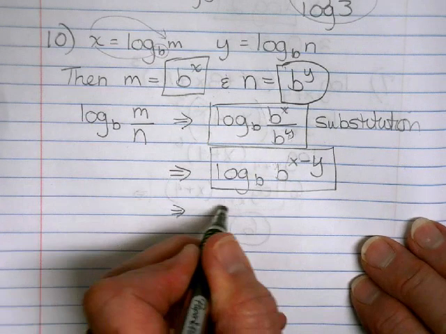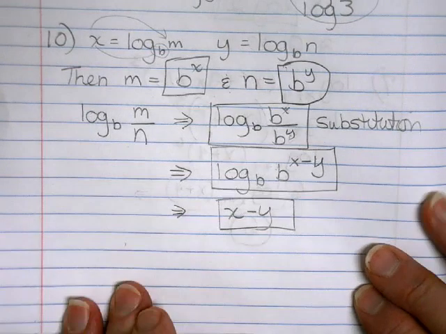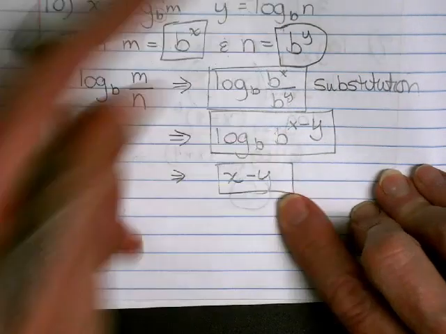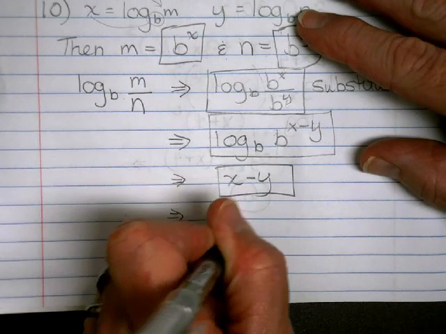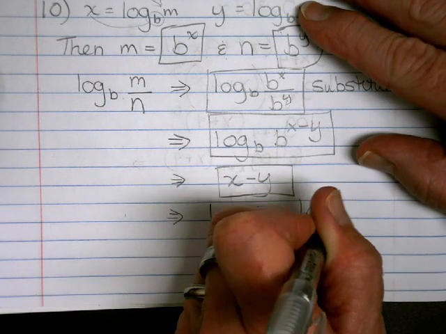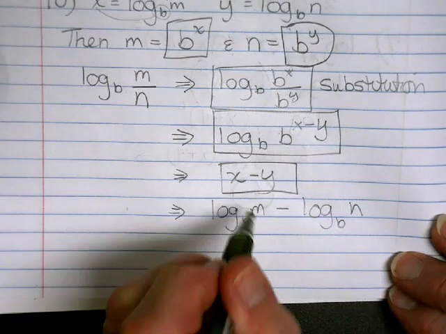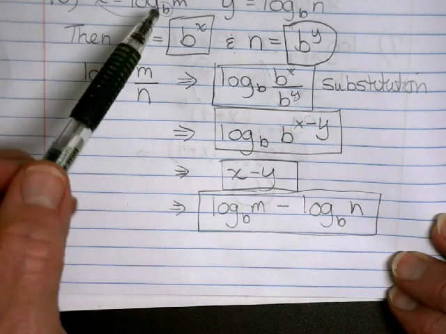Then log base b of the same number leaves your x minus y solo. And then you substitute back in what you set up here. That's the same thing as x was log base b of m minus log base b of n. And you're done. You proved it.